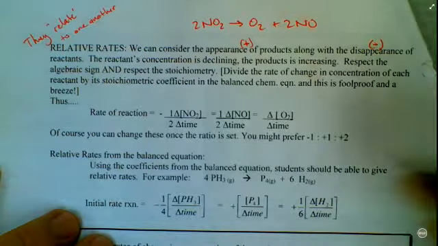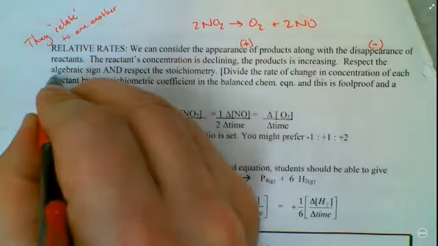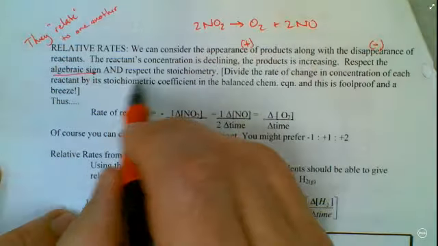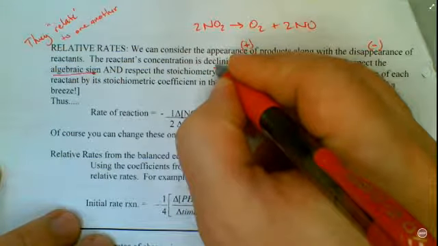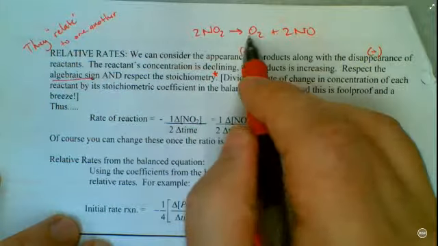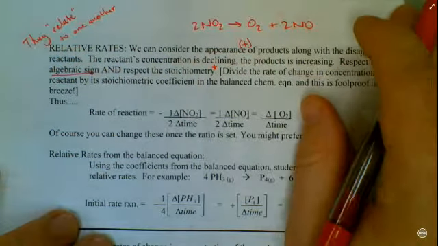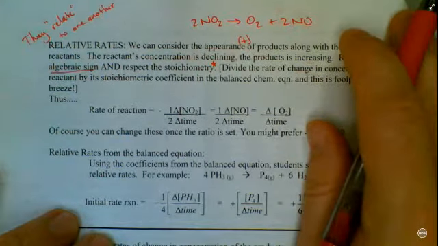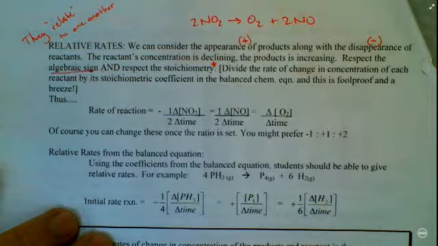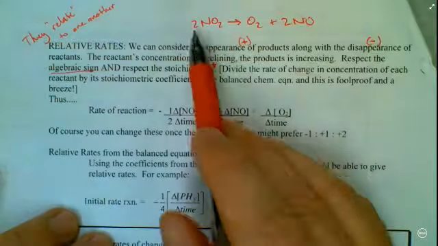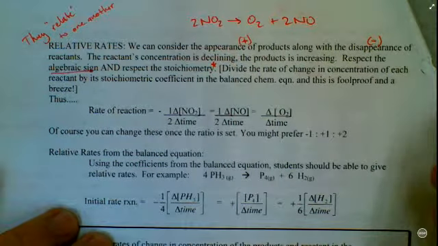And so we just went over how we're going to respect the algebraic sign, right? It's the slope of that tangential line. But how do we respect the stoichiometry? Stoichiometric coefficients. Remember these? A 2, a 1, a 2. We have to remember to balance our equations. Now, before we get into the reaction rate, I want to remind you, you have to balance this appropriately.